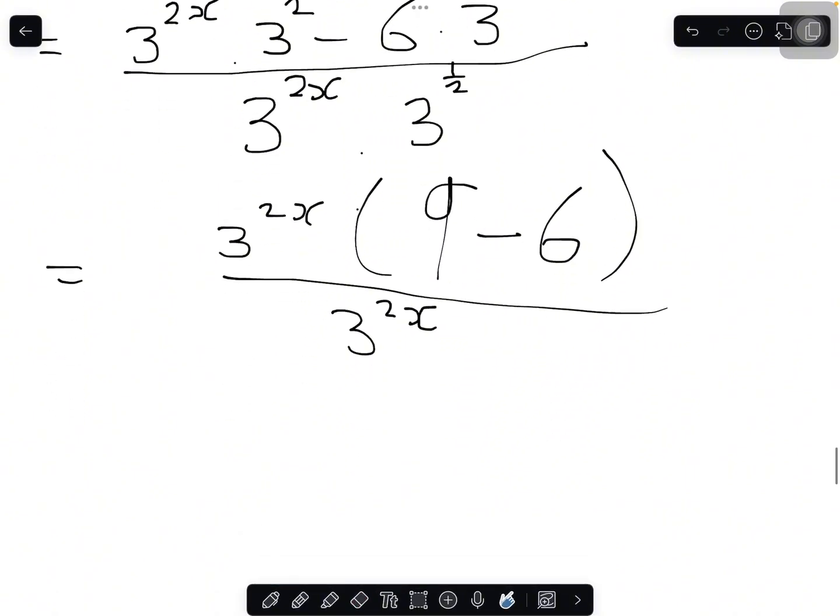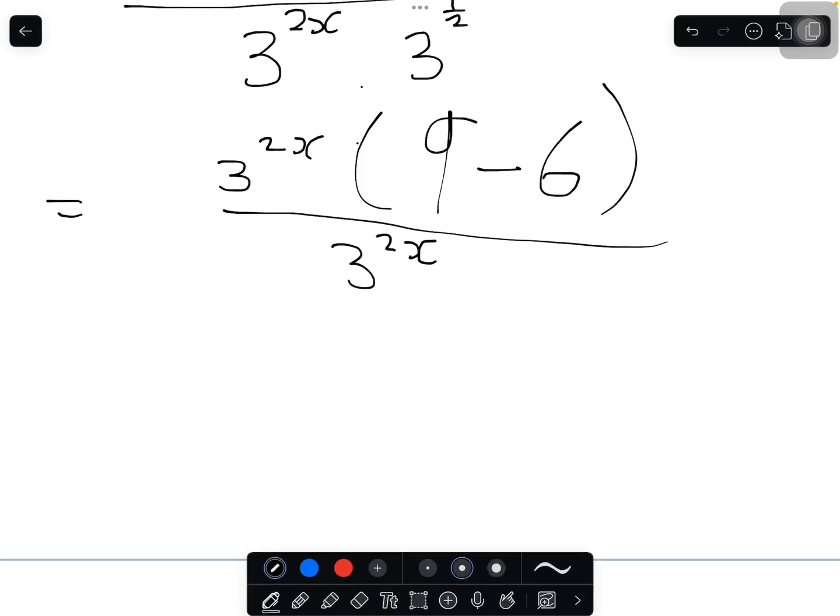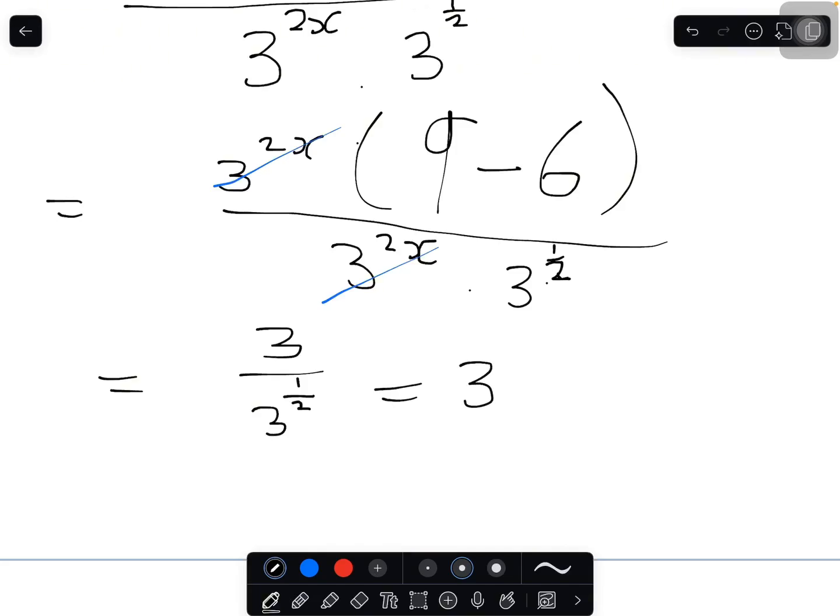I then continue, and I'll have times 3 to a half, and this term right here cancels off with this term right here, and I'm left with 3 over 3 to the half, which is the same as saying 3 times 3 to negative a half, and that's just going to equal 3 to the half, which is equal to the square root of 3.